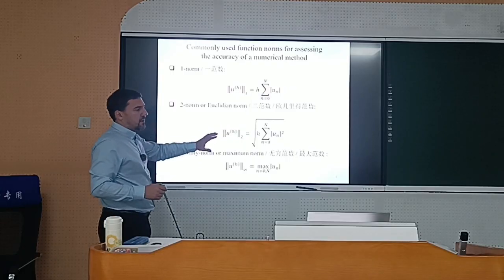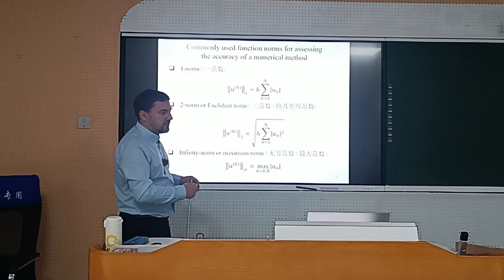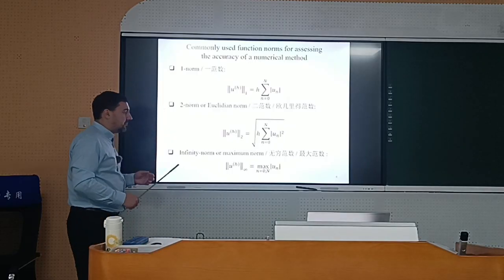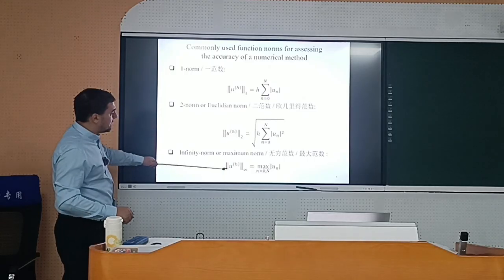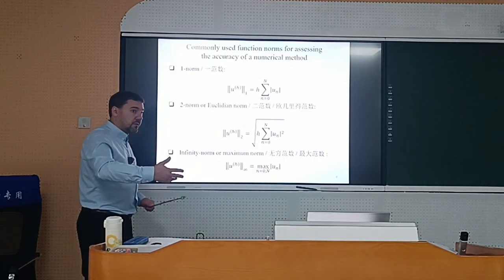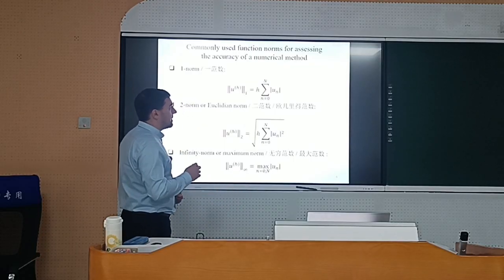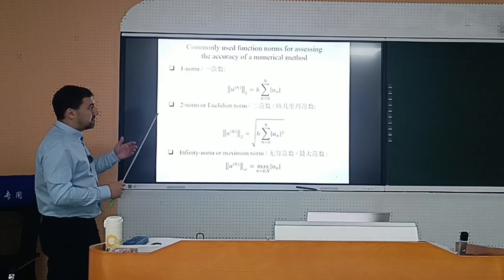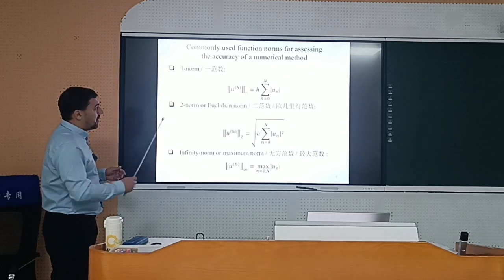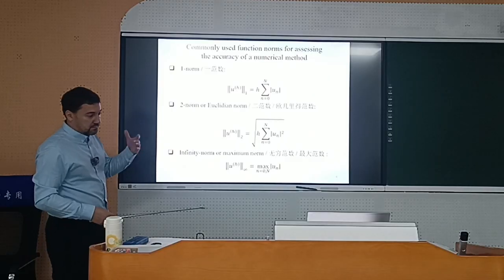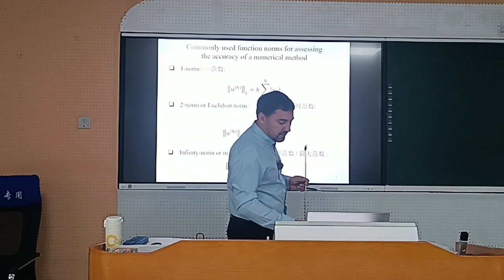I mentioned last time that a norm is a function that should satisfy a number of requirements, and it's possible to show formally that the one, two, and infinity norms are really norms. They indeed satisfy the necessary conditions. All these norms are used today for estimating the properties of numerical schemes.